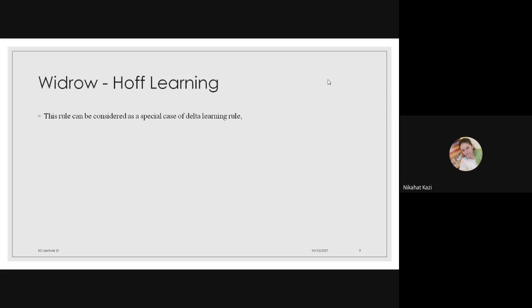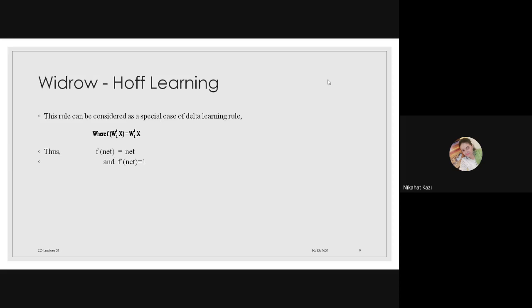So how is it a special case of the delta learning rule? In this case, the function f of W transpose X is equal to W transpose X. So what is f of net? f of net is net.